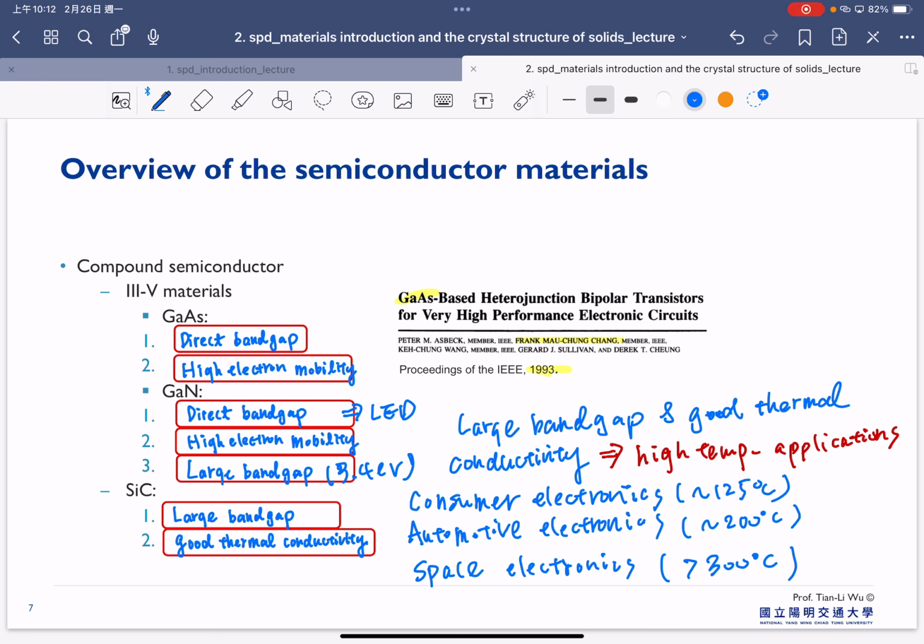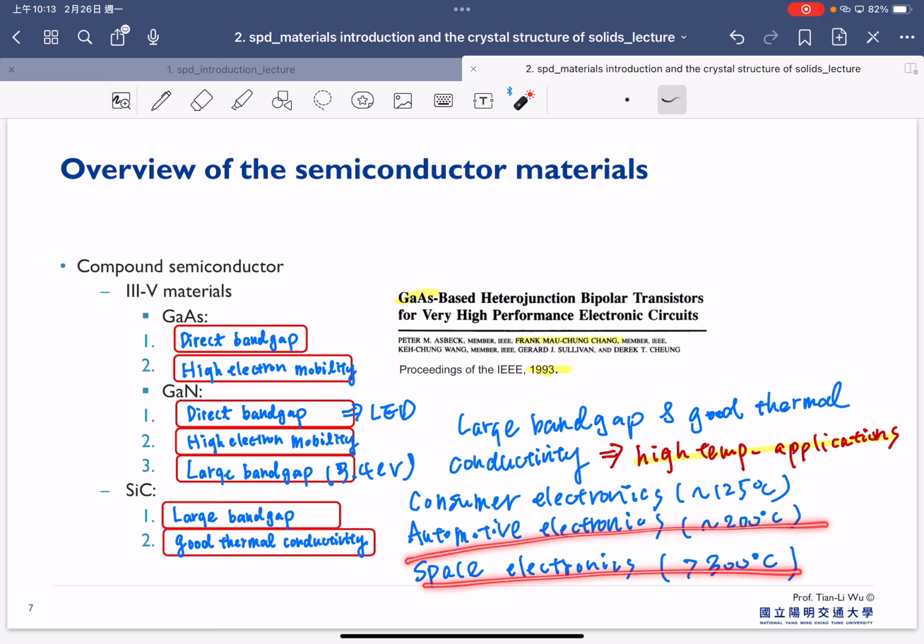Therefore, materials with good properties for high-temperature environments can be suitable for applications such as automotive or space electronics. That's why the large band gap and good thermal conductivity have very unique advantages in these domains.